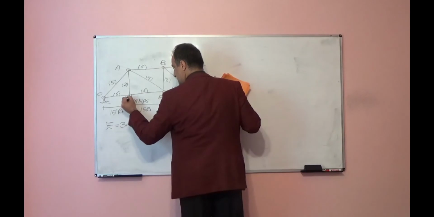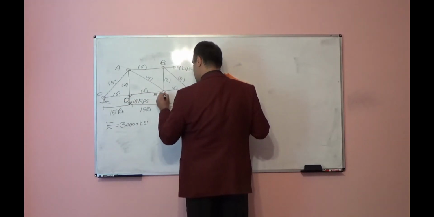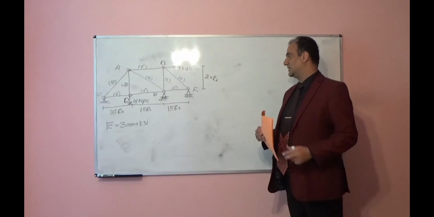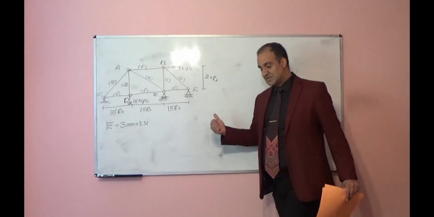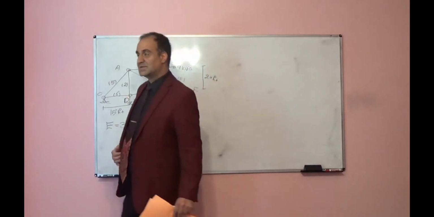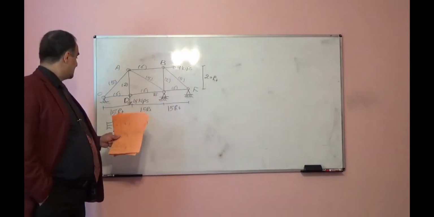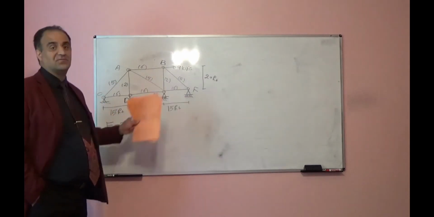So this is point D. Here at point E, we have another roller support. Now, we want to find reaction at that support. Now you see this truss is 1 degree indeterminate because you have one extra support. How many support reactions we have? 2, 3, 4.